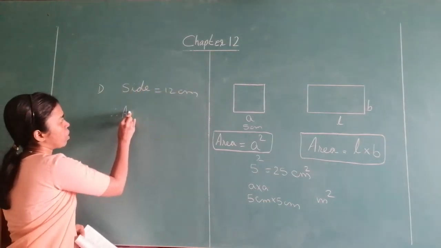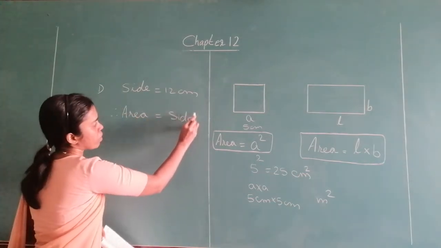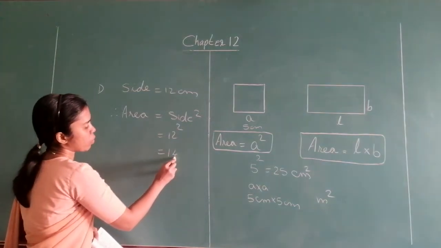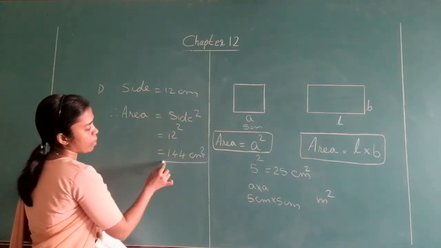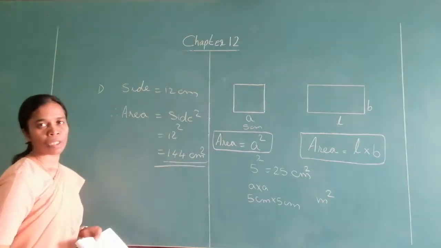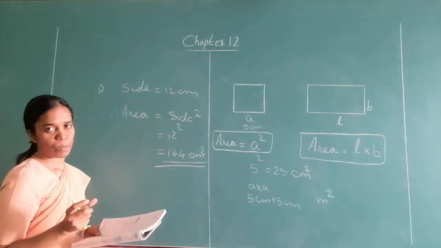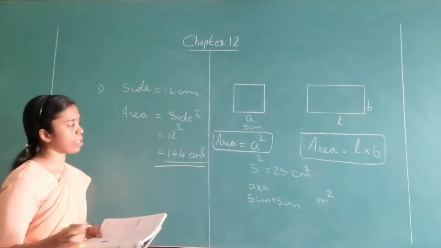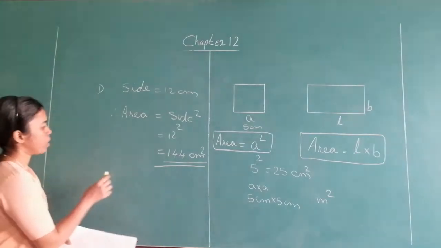Therefore, area is equal to side square, that is 12 square. How much is 12 square? 144 centimeter, so it will be centimeter square. Then you write the concluding statement. Therefore, area of the given square is 144 centimeter square.